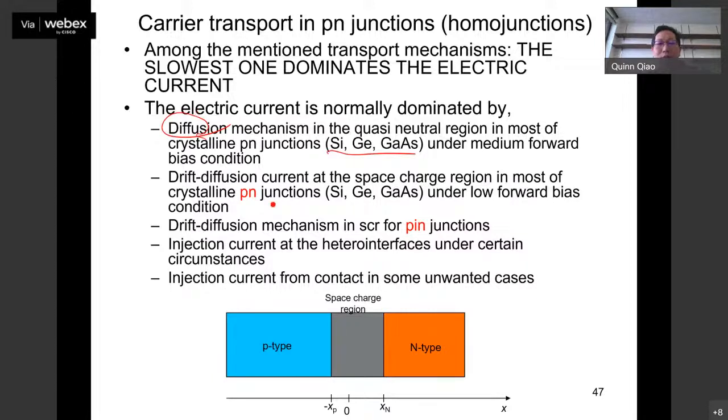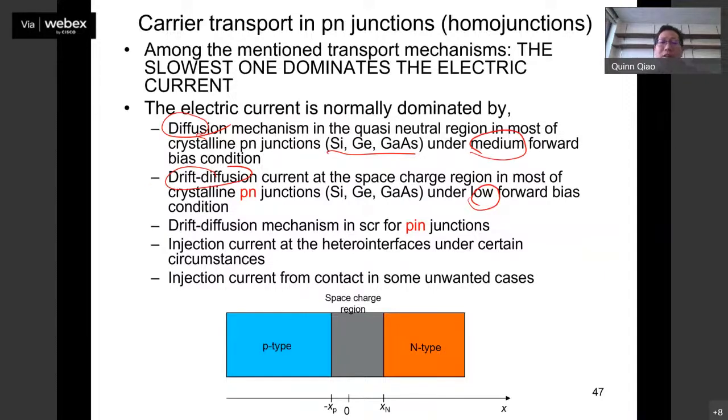Then for this one, let's see what this is about: quasi-neutral regions in most crystalline zones under medium forward bias. Basically, under medium forward bias, the diffusion dominates. Under no bias, the drift diffusion dominates.